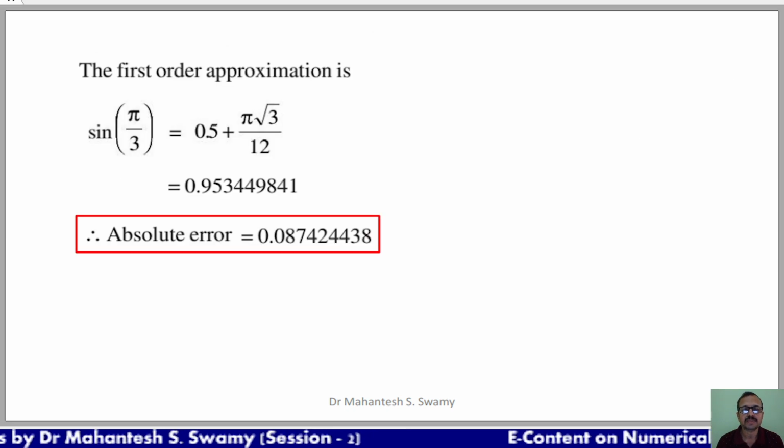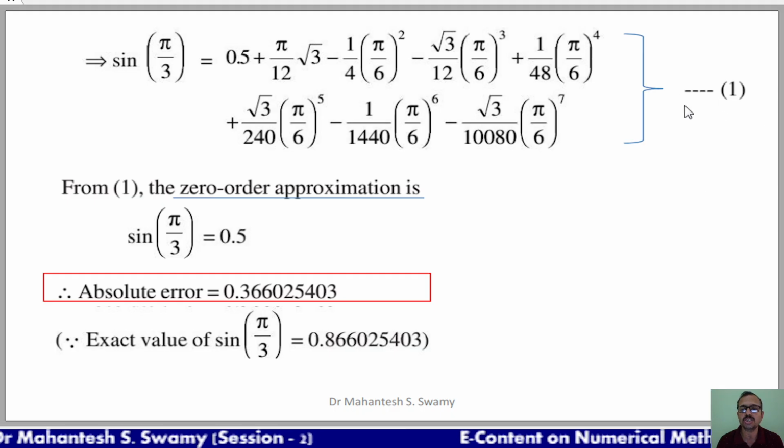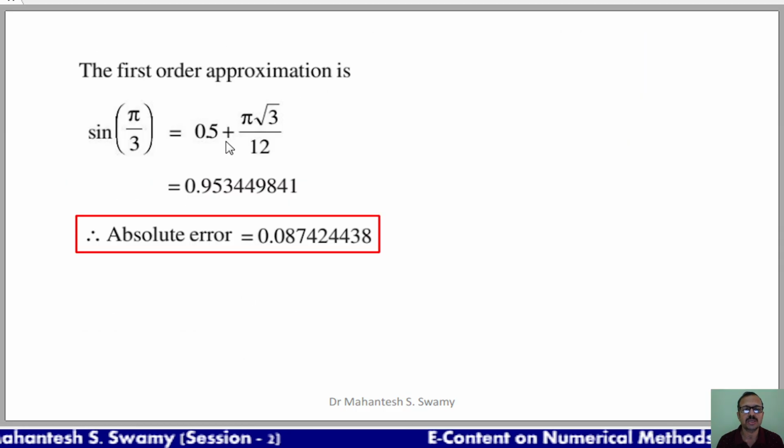Similarly, for the first order approximation, consider the first and second terms in the above series. This is most important. You consider these two terms, substitute the values, simplify the right hand side with the help of a calculator, and take it to this side. It gives you the absolute error in the first order approximation of a Taylor series.